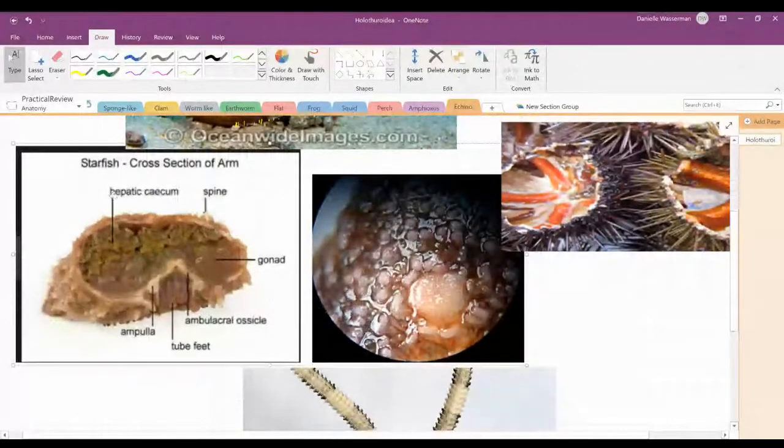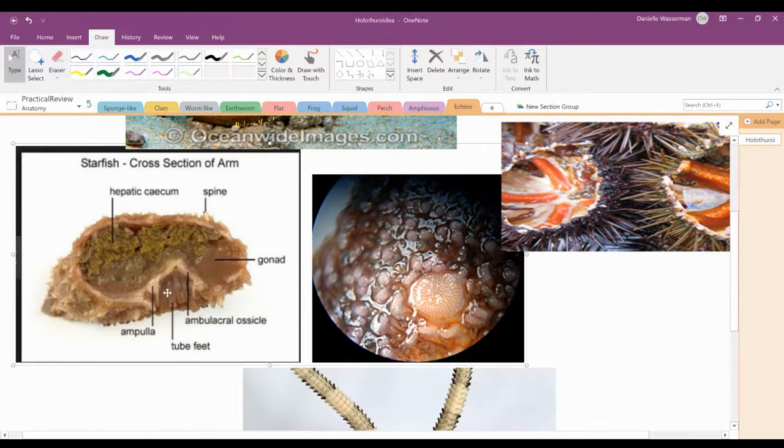So try and keep track of where the gonads are. There are only 3 systems you have to worry about in here, 3 layers. One is digestive, one is for motility, and the other is gonads. And the gonads are on the bottom, the ventral surface. They're low, they're down here.